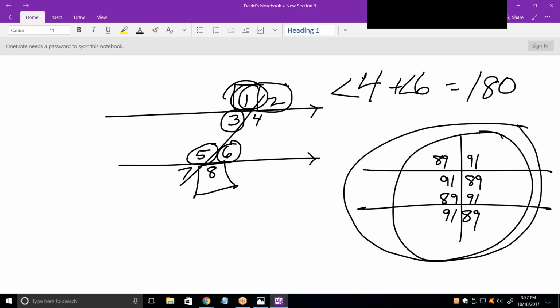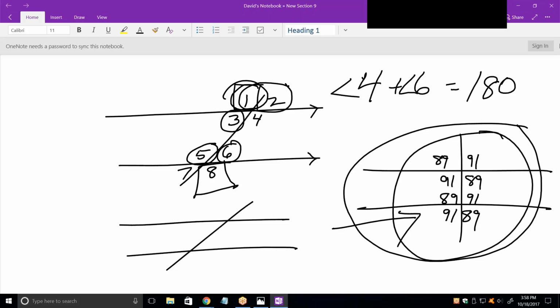However, I'm going to go so far as to say you're almost never going to get that situation where you can't tell. Almost always you get a transversal like that. And if you get a transversal like this, the only thing you need to know is which is the obtuse and which is the acute.